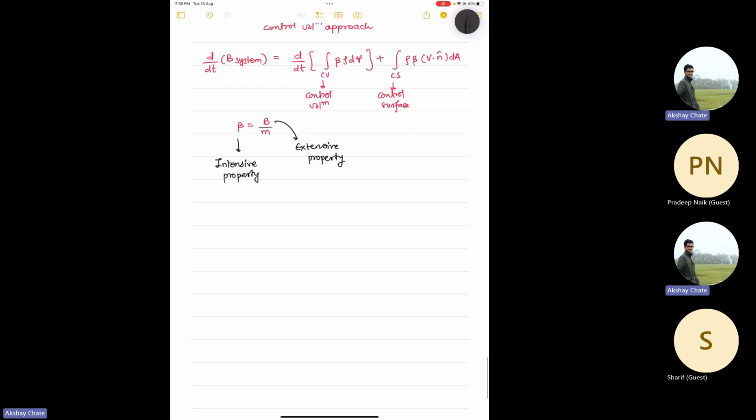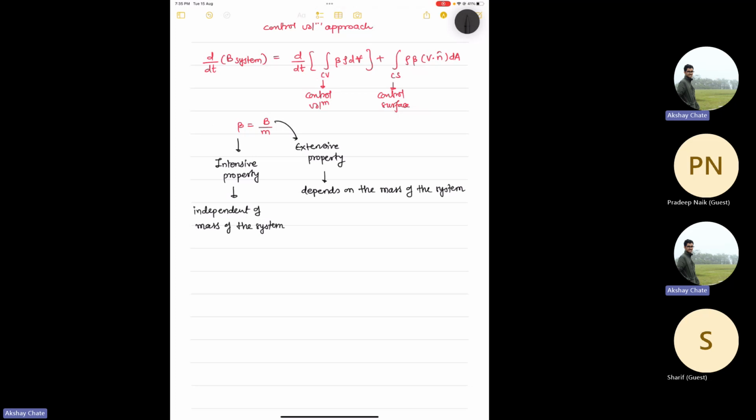So what is an intensive property and what is an extensive property? The definition says an extensive property depends on the mass of the system, and an intensive property is independent of the mass of the system.